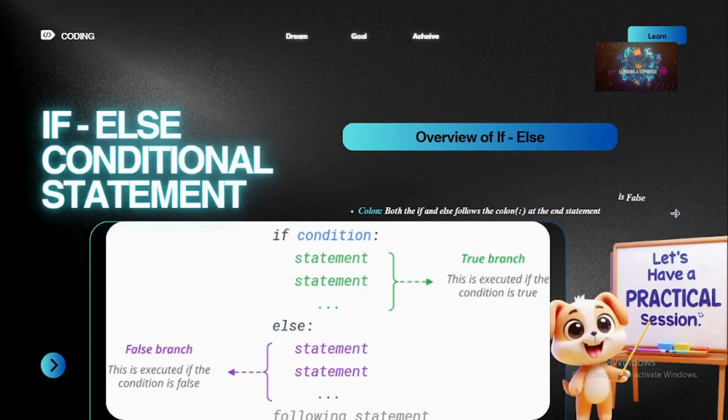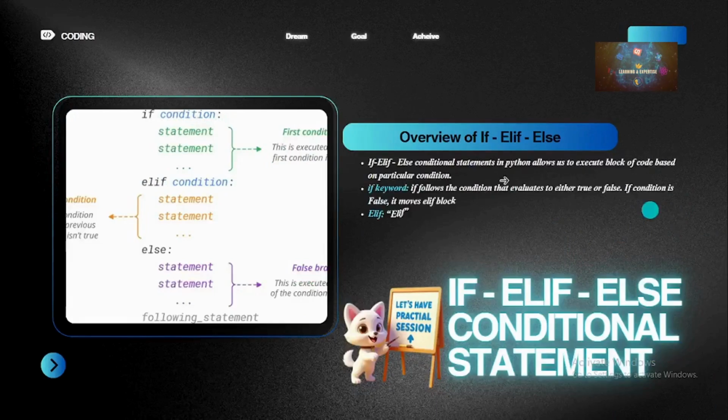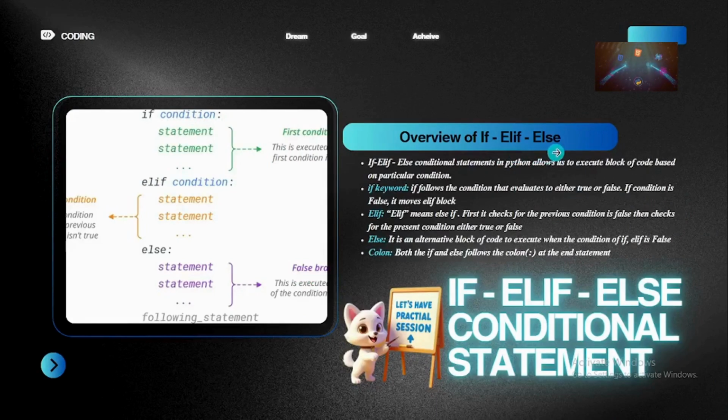So coming to the next conditional statement, it is about if, elif and else. Here is the syntax that represents the if, elif and else. First, the if condition is checked. If the condition is true, then the statements get executed. If the condition of the if is false, then it moves to the elif condition and checks whether this condition is true or not.